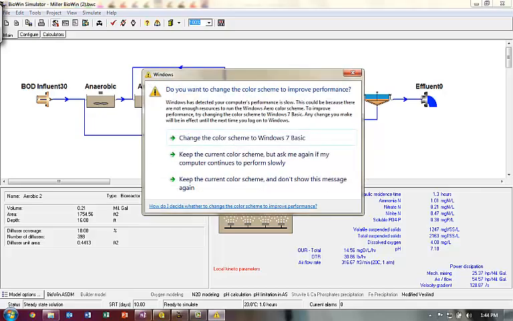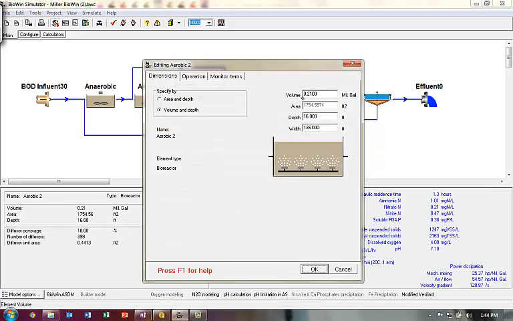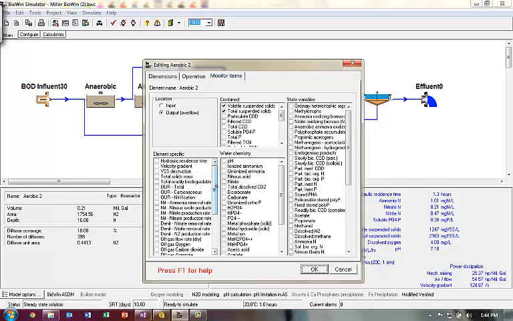And so you can also go into your monitoring stages here and actually track these things. And so if we double click here, go to monitor items, and right now we just have the oxygen transfer rate checked, but we can actually check the remainder of these boxes.